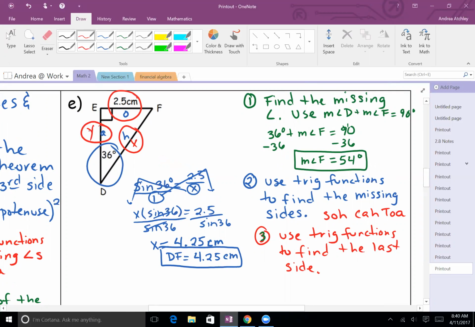So ED, to find ED, we want to use the opposite and the adjacent.